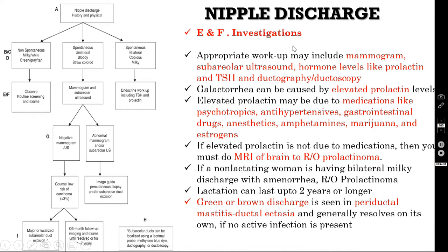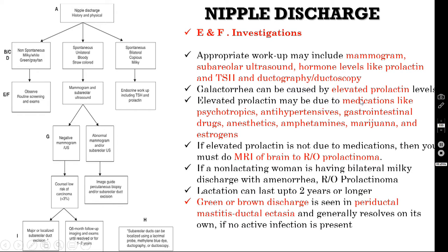Regarding the appropriate workup, it may include mammogram, subareolar ultrasound, hormone levels like prolactin and TSH, and you can also do ductography and ductoscopy, but the scope of this investigation is limited.